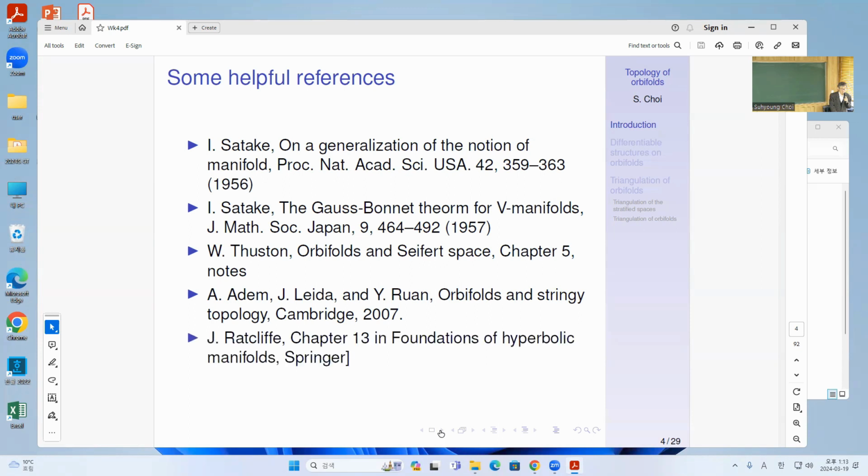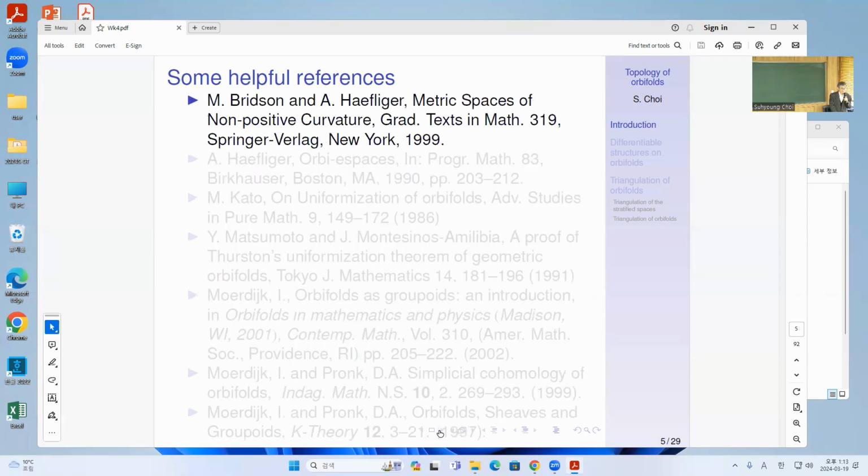And then chapter 13 of the Ratcliffe book also has orbifolds in it. And this is a book by Bridson and Haefliger, and they also introduced what's called OV space. So this is a polytope with some sort of singular orbifold type structures, which is also useful in some sense.